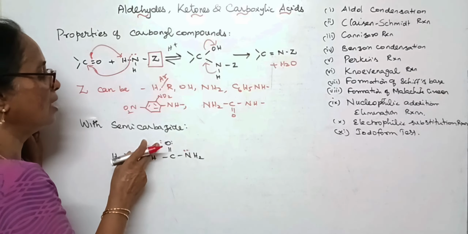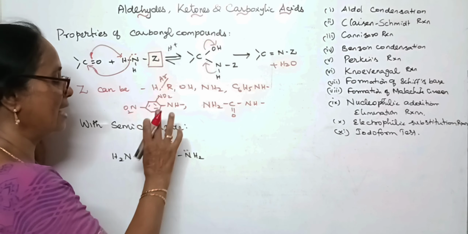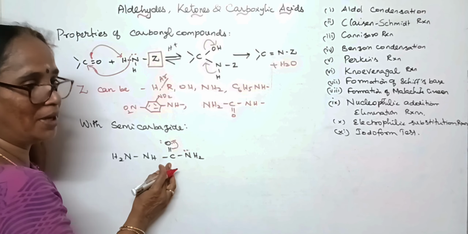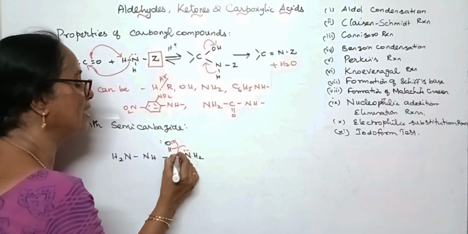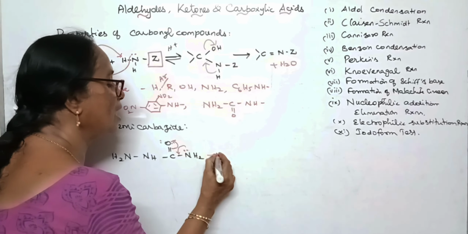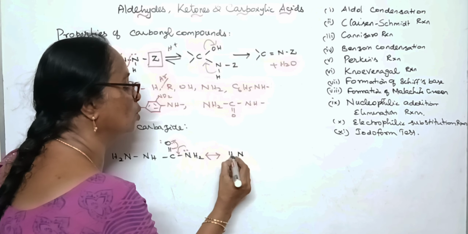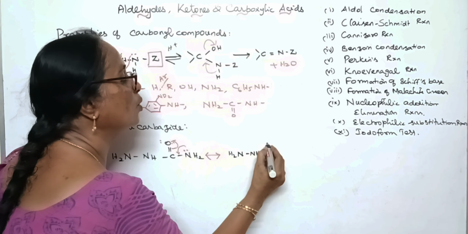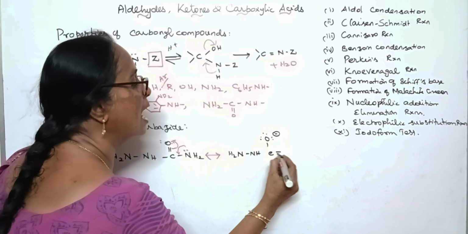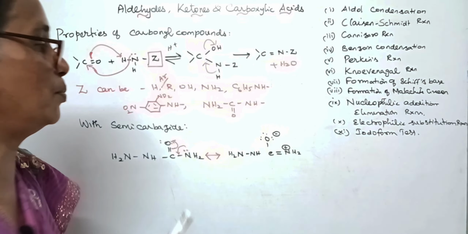We know well this oxygen is more electronegative than the nitrogen, and hence this oxygen withdraws electrons from the carbonyl carbon, and subsequently the lone pair of electrons on nitrogen migrates towards the carbon. So we get the resonating structure of NH2NHCO with 3 lone pairs of electrons and a negative charge, and a doubly bonded NH2 where the nitrogen gets the positive charge.